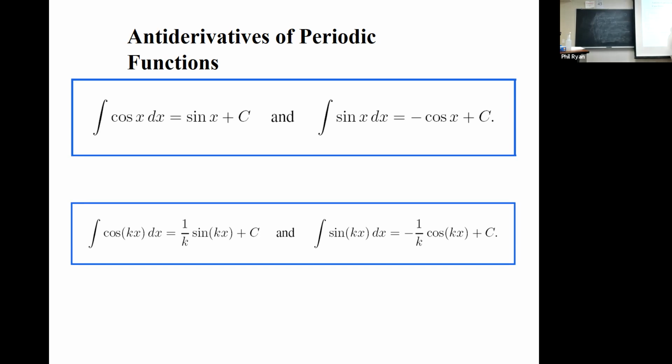When you take the derivative of sine, you get plus cos. When you take the antiderivative of sine, you get minus cosine. Okay? There's always someone who messes that up. So don't let that be you. My word of advice.